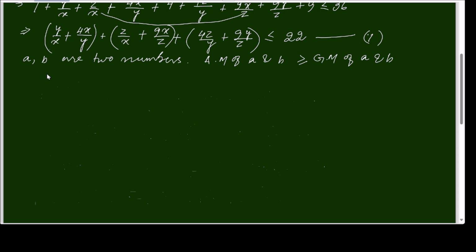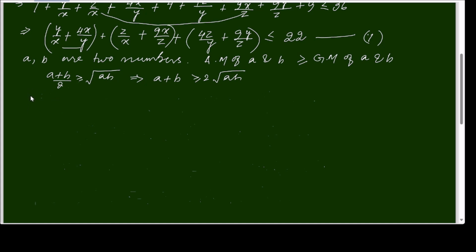Arithmetic mean A plus B by 2 is greater than or equal to square root of AB, or I can write A plus B is greater than or equal to 2 times square root of AB. So I'll apply it for three pairs.